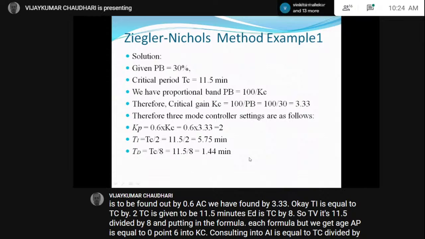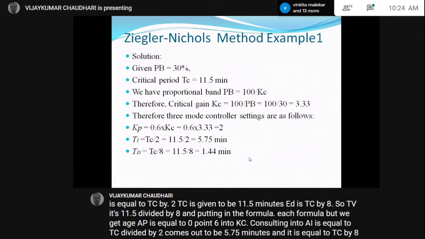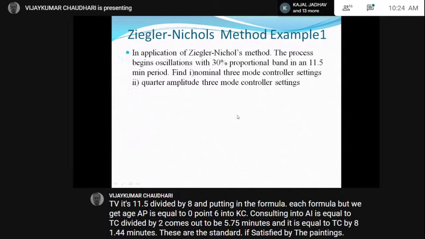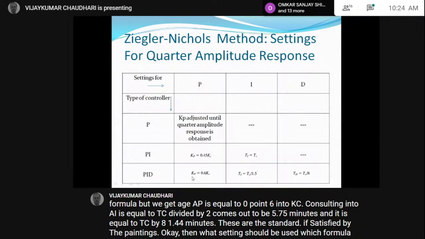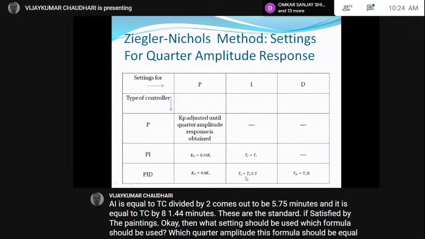These were the standard PID controller tuning settings. If the quarter amplitude criteria is to be satisfied, which formula should be used? With quarter amplitude, this formula should be used because it's a three mode controller. So Kp is 0.6 Kc, Ti is Tc divided by 1.5. In standard it was 2. Here Td is the same.